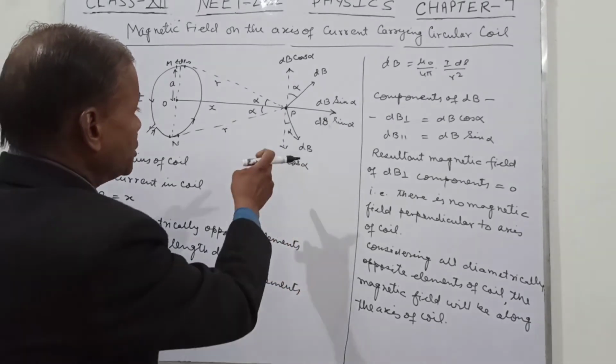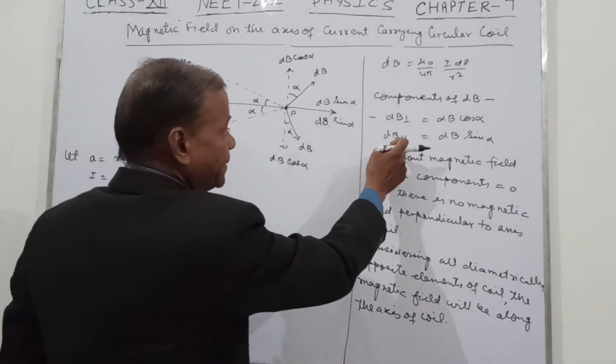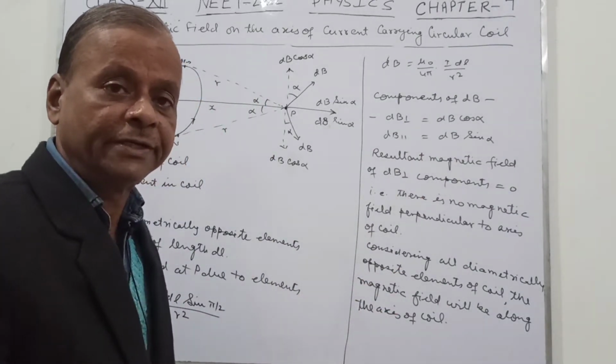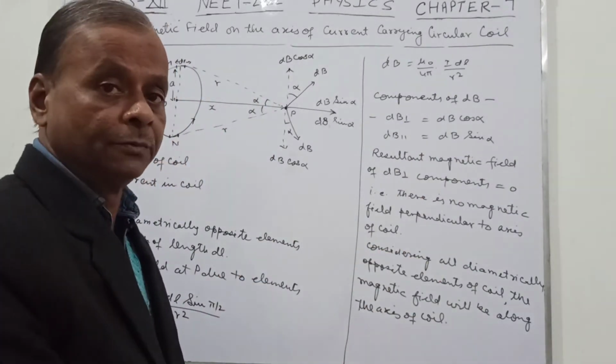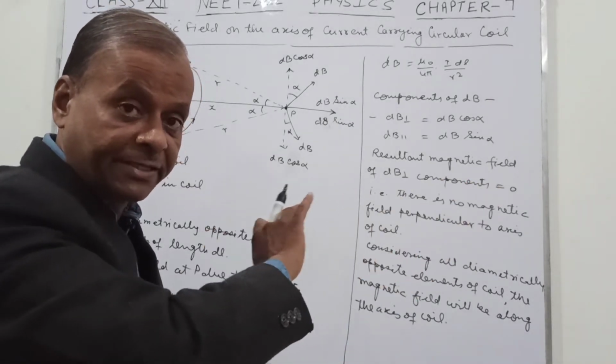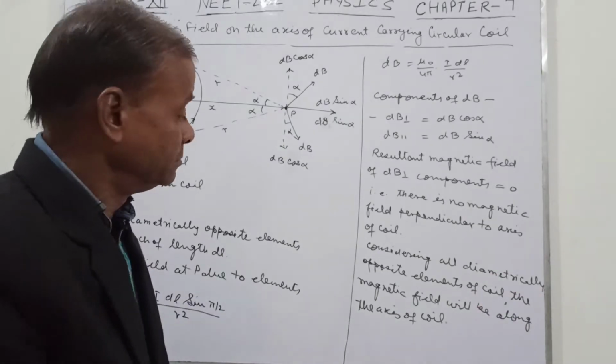So the sum of all these parallel components, dB sin alpha, will not be equal to 0, but will be added up, because all the magnetic fields because of all these elements will be in the same direction.